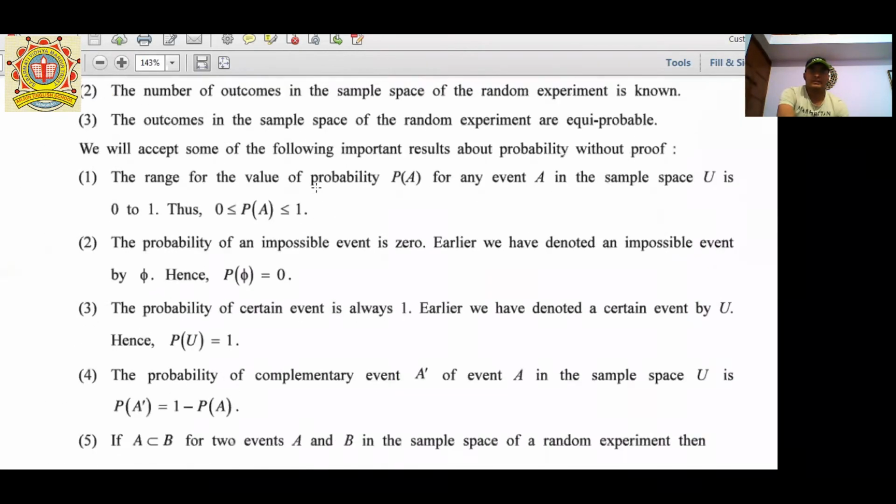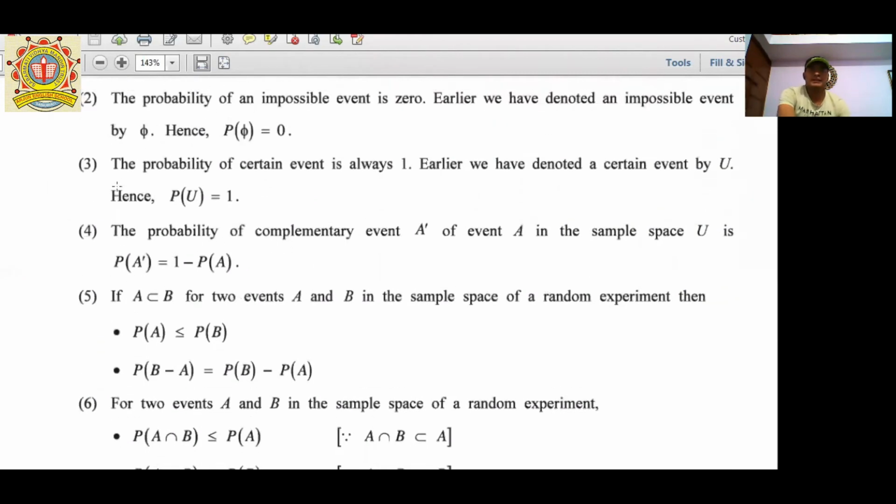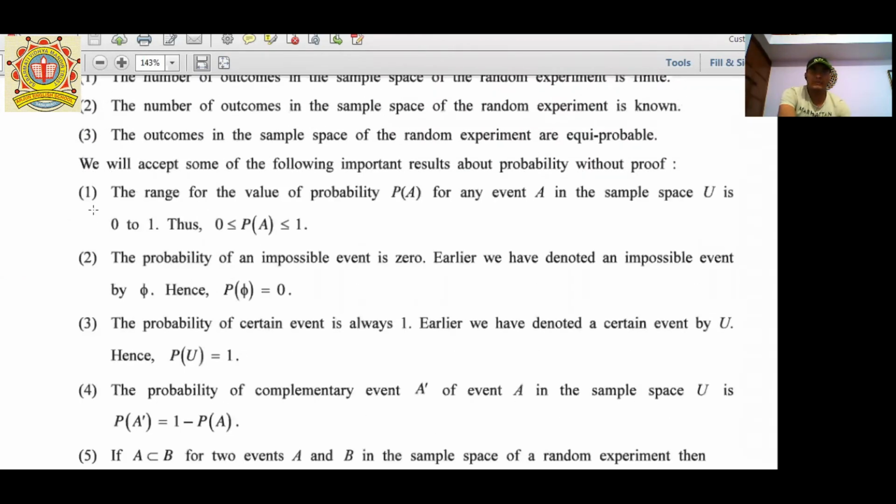Next one. Now there are various formulas that we have to remember.